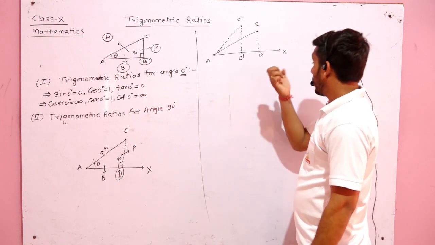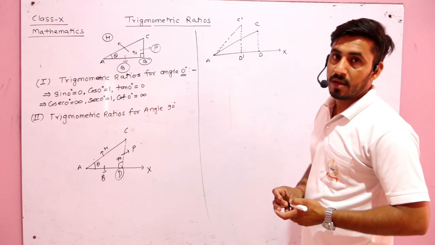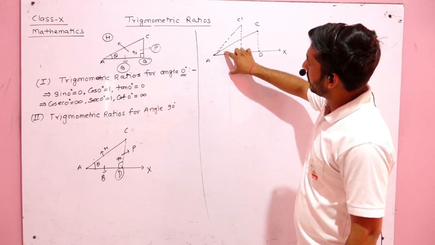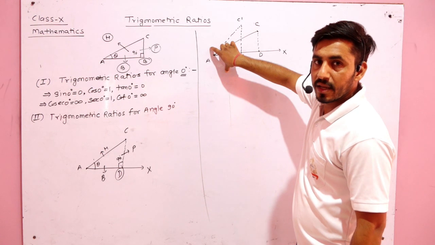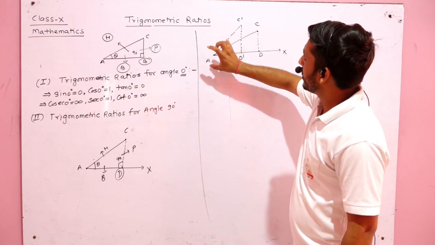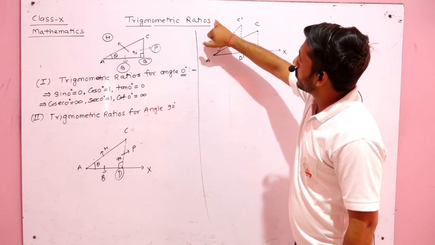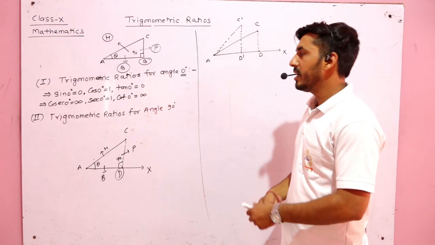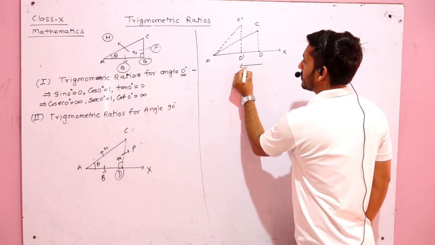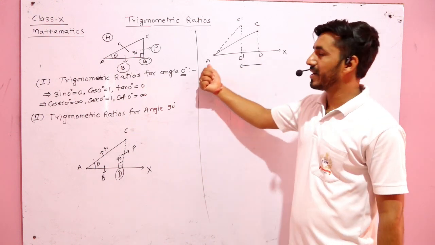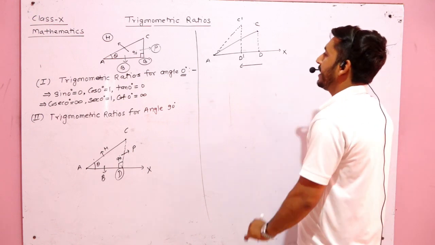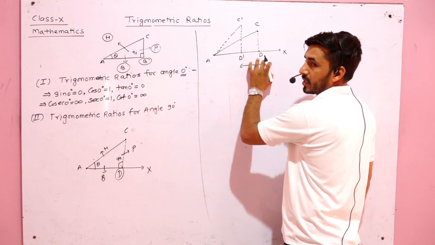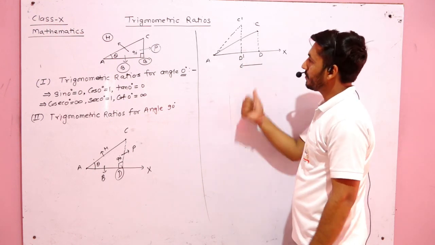From this condition we can see, if I am moving this angle towards 90 degree, C dash is moving towards this side and D dash is coming towards A. It means this point is coming towards A, and the distance AD is decreasing. You can see from here.